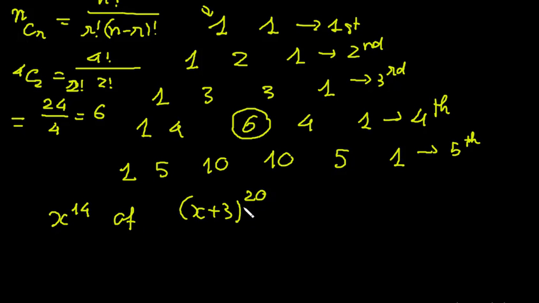When I expand it to the power 20, I will have x to the power 14 multiplied by 3 to the power 6, because the sum of their powers must be equal to 20. The number of rows is 20, so 20C is okay.